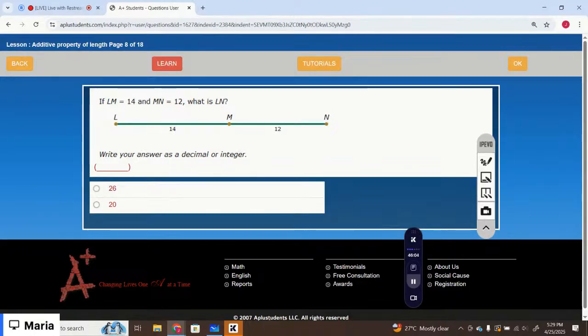If LM equals 14 and MN equals 12, what is LN?